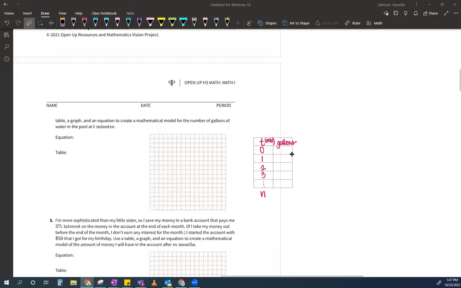Okay, so how many gallons were there at 0? How many gallons were there at 0? Yes, it's 5. Very good. Okay. And how many gallons were there at 1 minute?